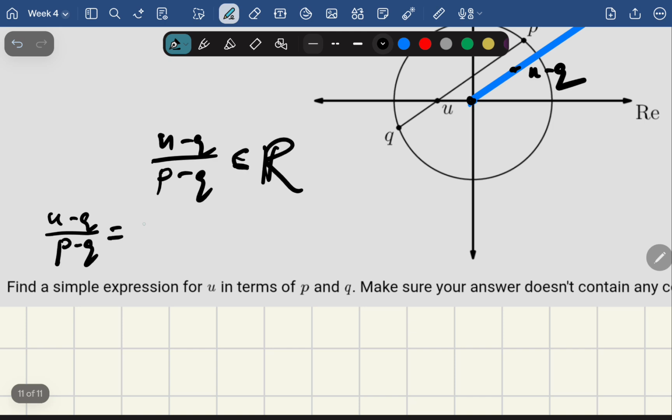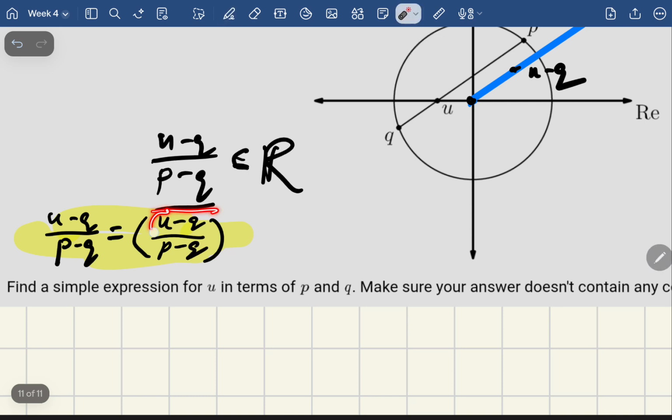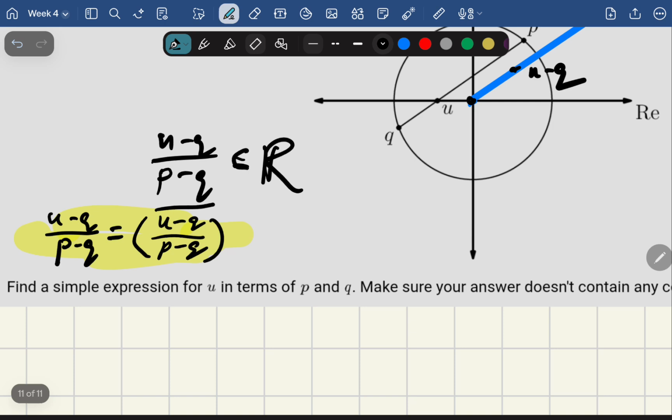So, conjugate is that. And this is important. So therefore, the conjugate distributes everywhere.